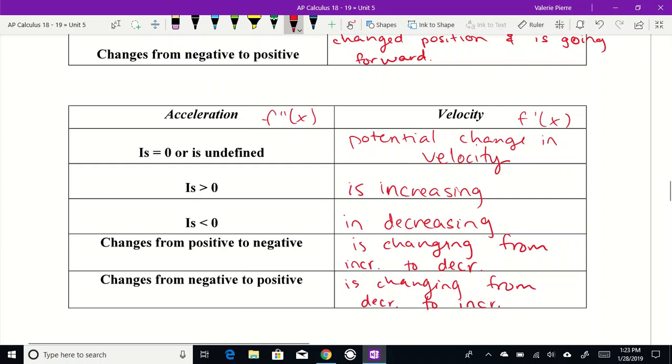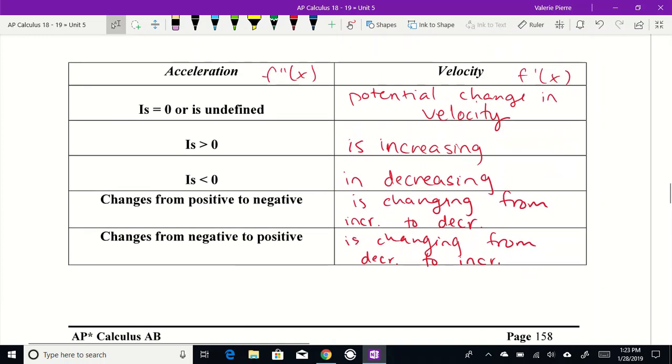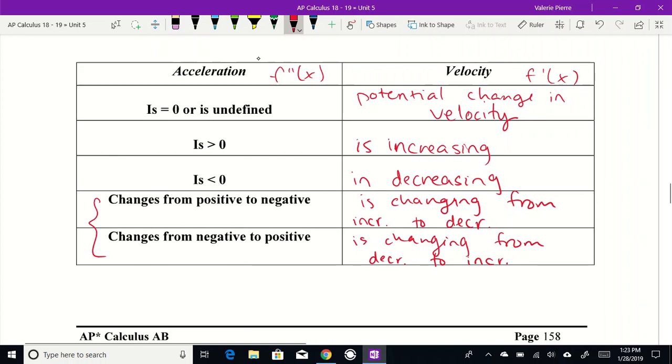All right. So these here still represent points of inflection on f of x, or our position. Okay.